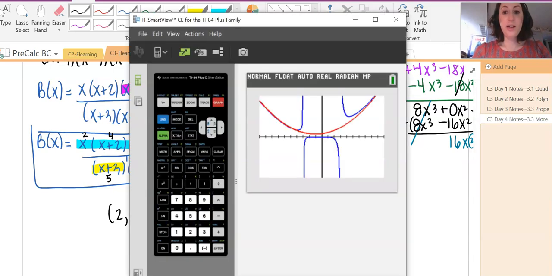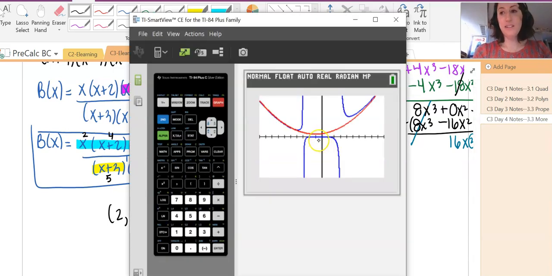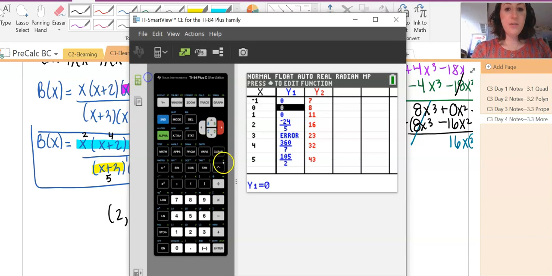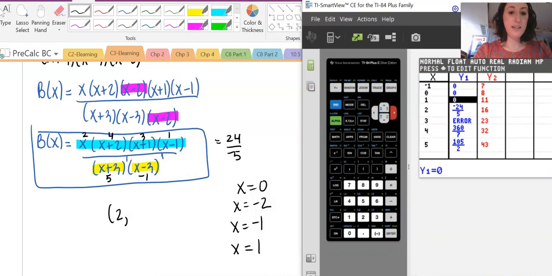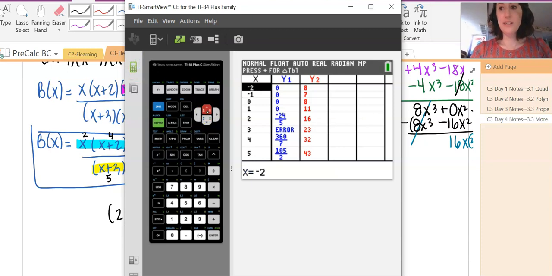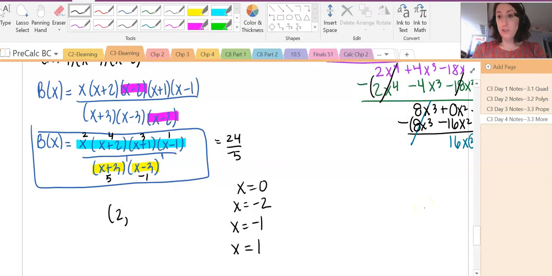And sure enough, I know right there it doesn't really look like a whole lot, but if you go to your table and you look at 0, 0, 1, 0, and -1, 0, and -2, 0, those are all of your x-intercepts. You can see that in the numerator of your equation. Okay, we'll talk more about that tomorrow.